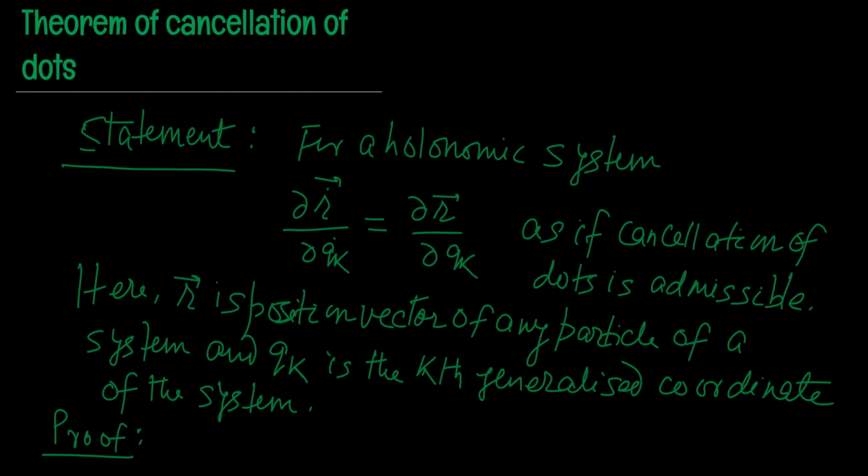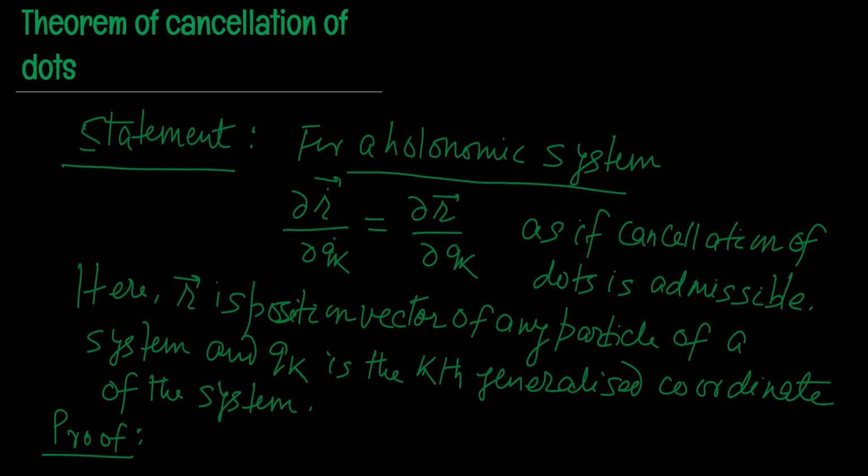The statement says, for a holonomic system, which I have already discussed, del r dot by del qk dot is equal to del r by del qk.